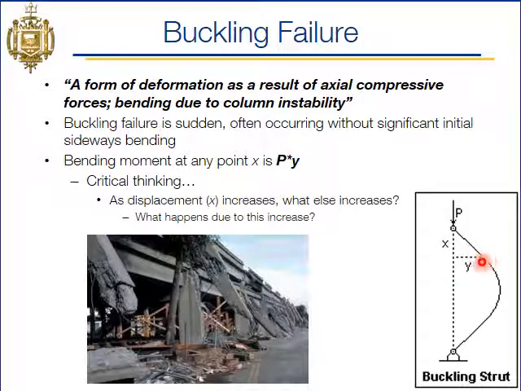So our bending moment due to buckling would be P times Y, and as Y increases, so does the bending moment. So you end up getting this cyclical increase in bending moment because they both just continue to increase. The bending moment increases, and the more this goes down, the more Y increases. So it's a big cycle, and you get a catastrophic failure from buckling.